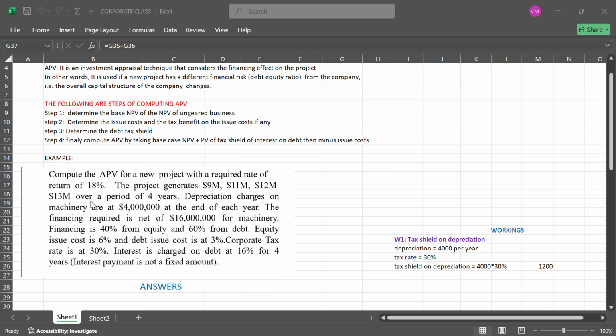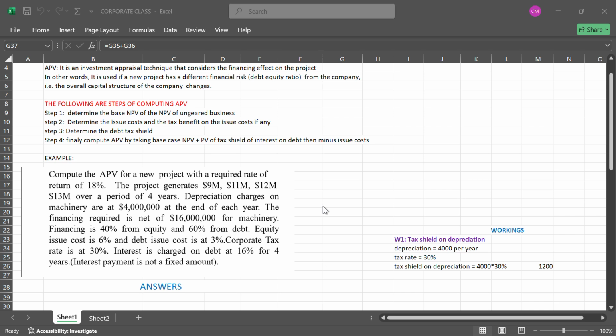Depreciation charges on machinery are 4 million US dollars at the end of each year. You see here they have already calculated the amount of depreciation. No need to calculate the amount because you have been given the already calculated amount.